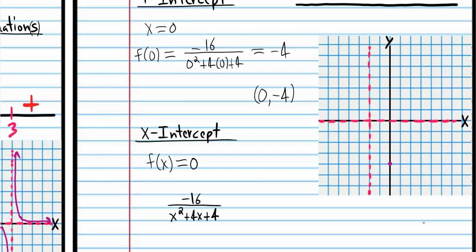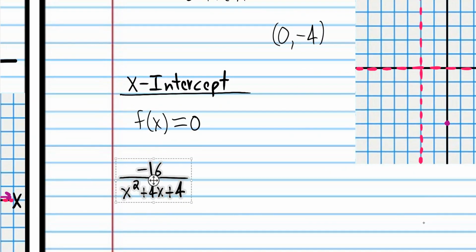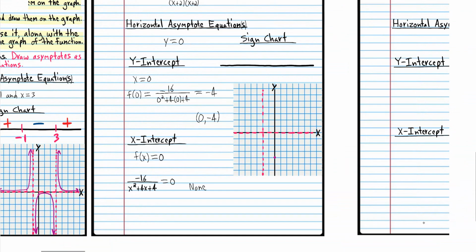F of x, you can consider it to be y. So we're letting that equal 0. But again, that equation is impossible. You can just say none. No x-intercept.